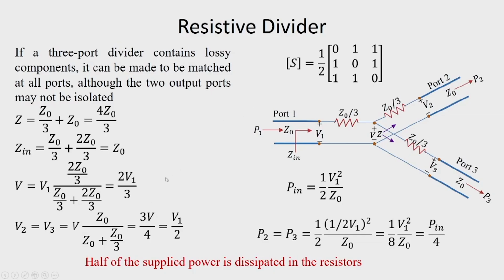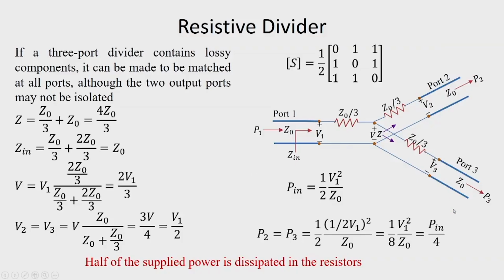We also find that S23 and S32, these are also half. That means the isolation between these ports, complete isolation is not there.